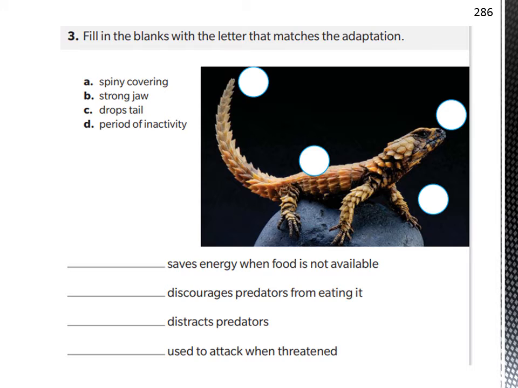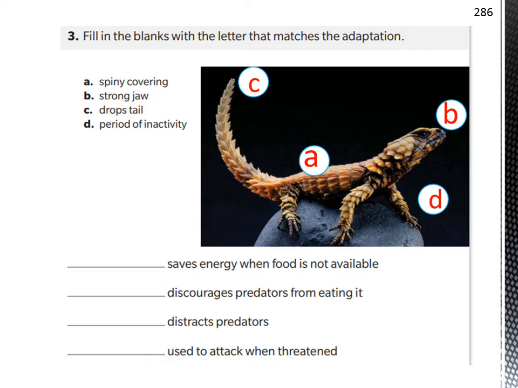Where do you see spiny covering? Very good. Strong jaw. Excellent. Drops tail. Well done. Period of inactivity. Perfect. Now I have a question for you.